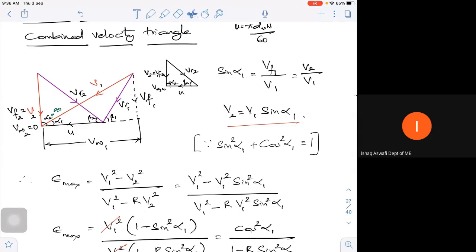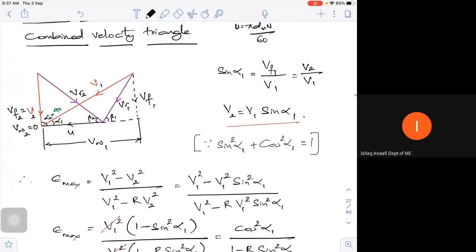Whether at the inlet or at the exit doesn't matter, whenever my whirl velocity is 0, I will end up with a simple right angle triangle. What does it indicate? The size of the triangle clearly indicates the energy available there.